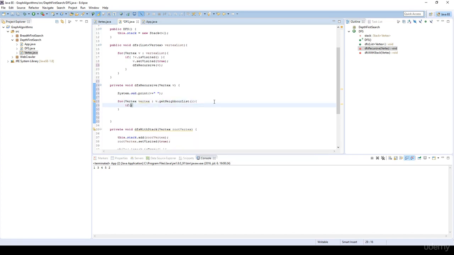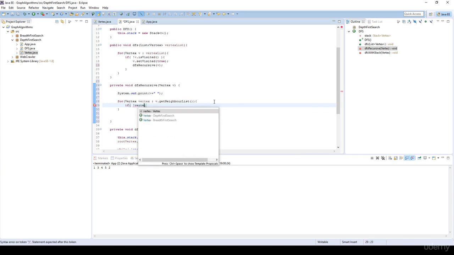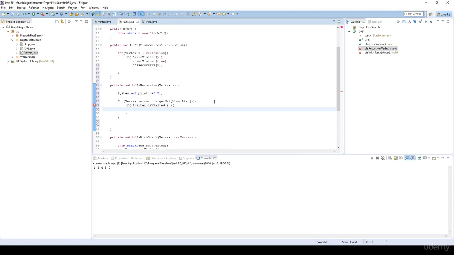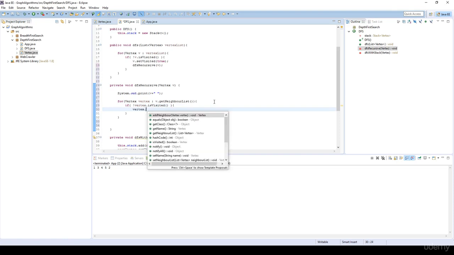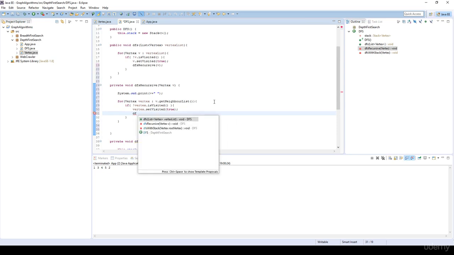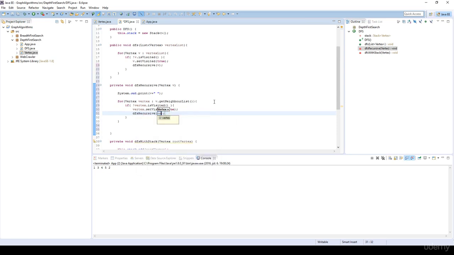Again, we have to check whether this vertex has been visited or not. So is visited. And if we haven't visited this vertex, then we are going to visit it. So first we set visited true because we visited right now. And then we are going to call this DFS recursive method on this vertex recursively.